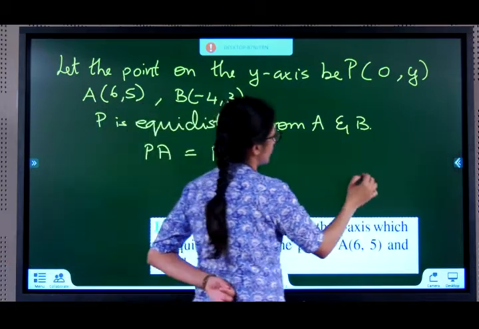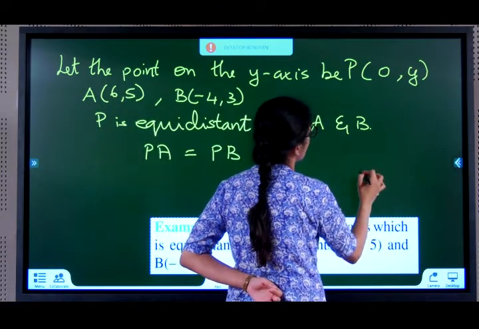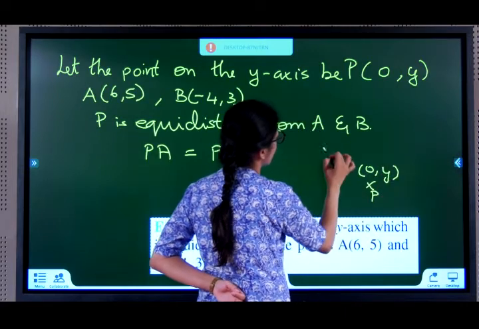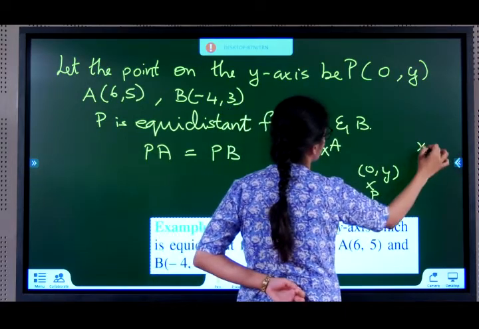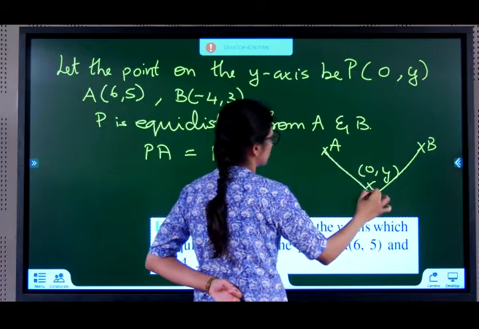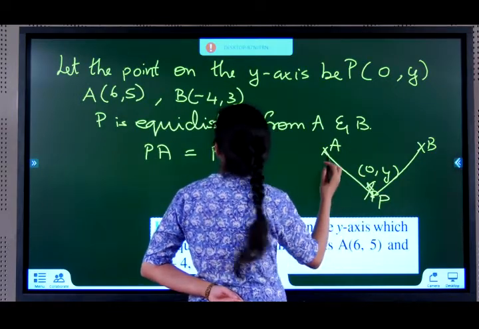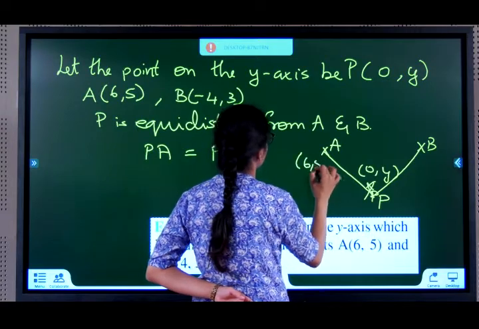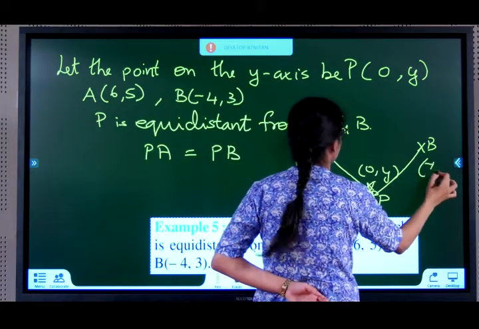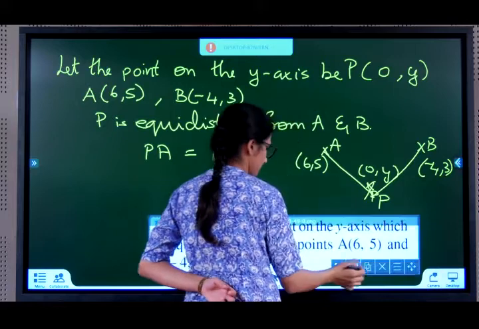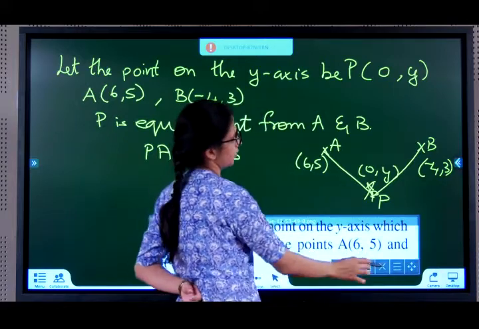Just draw a rough diagram. So you have P here, which is 0, y. You have A here and you have B here. What is A? 6, 5. What is B? Minus 4, 3. Same type question as previous, but there both the coordinates were unknown.